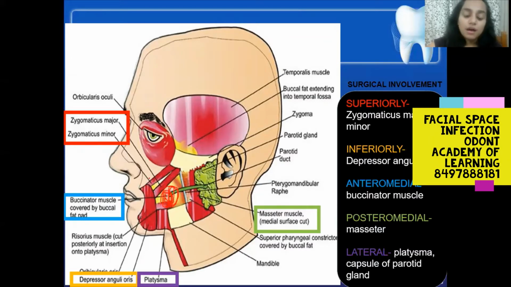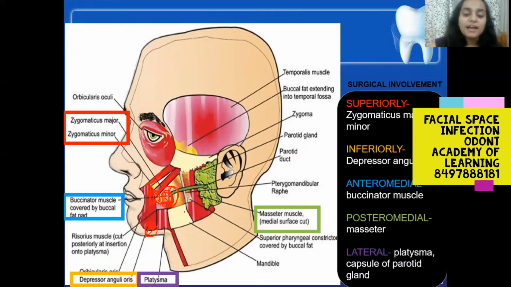The surgical boundaries of this: superiorly we have the zygomaticus major as well as the zygomaticus minor muscle. On the inferior aspect, we have the depressor anguli oris. Anteriorly, we have the buccinator muscle, which is covered by a buccinator fat pad. Posteriorly, we have the masseter muscle here.